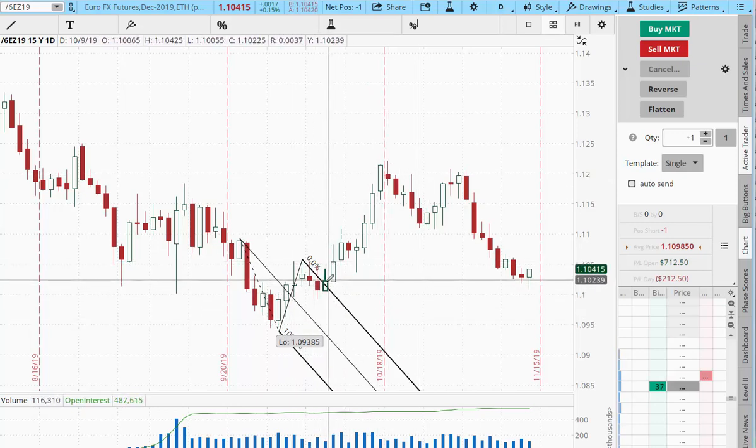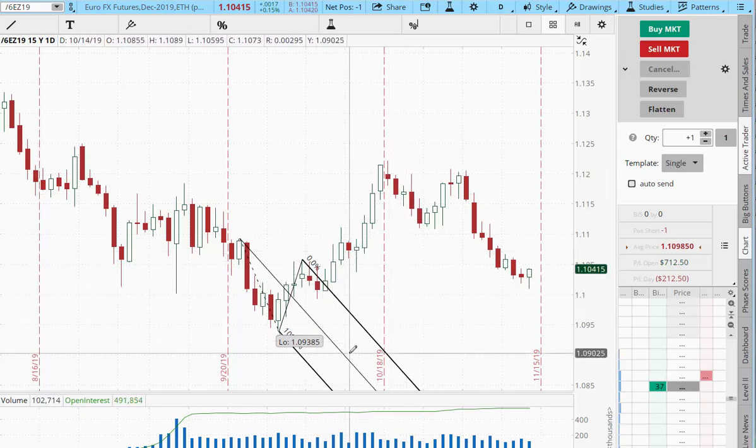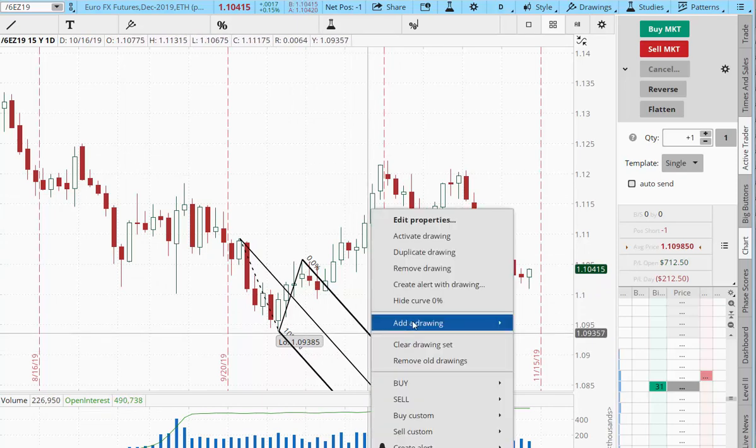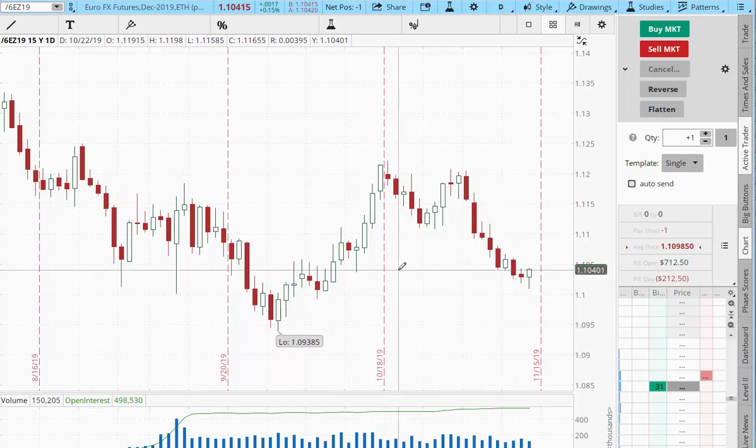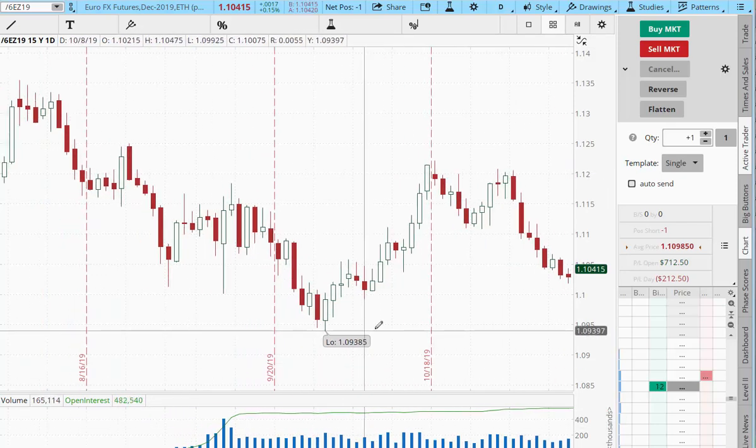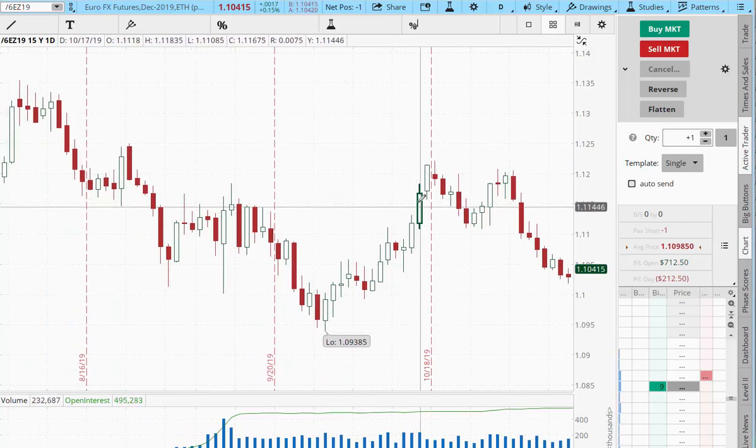So somewhere around here is a good place to get long, take the ride up, right? And it finally hits the R1 up here someplace. And you've got 5 pivots, so you can say, well, the predictable move is over.